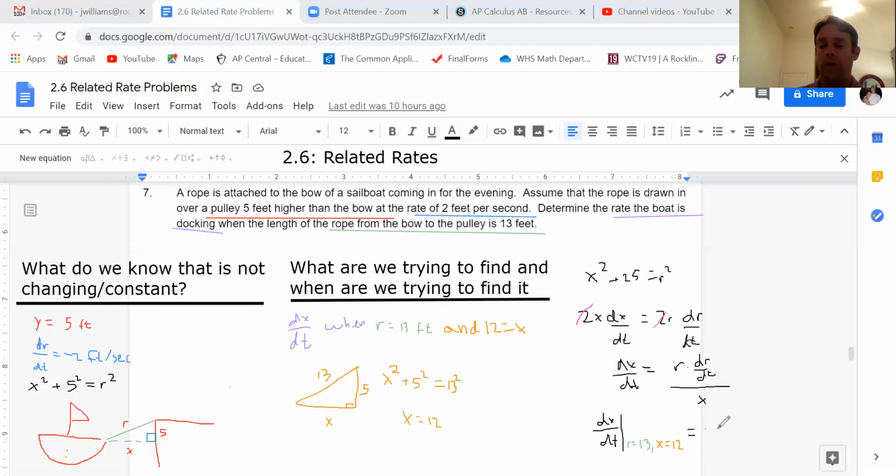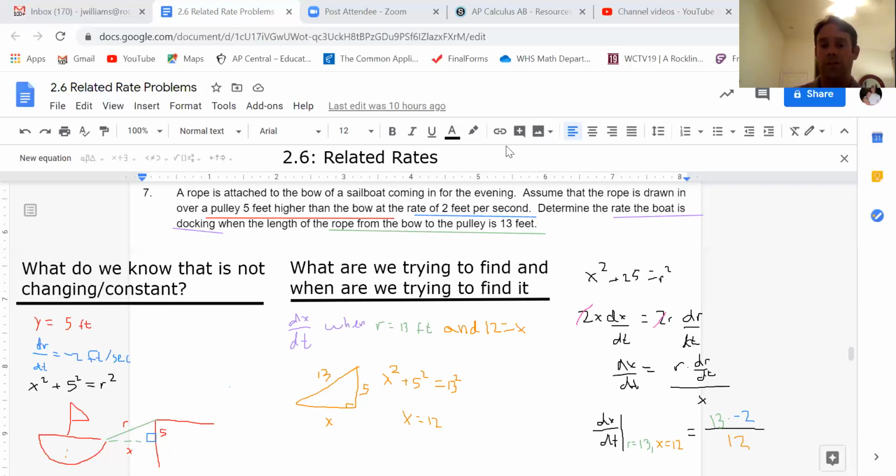So big giant plug and chug. Here we go. R, well, we said that was 13. dr/dt, well, we already found that one earlier. That was -2. And x, well, we found that one as well, and that was 12.